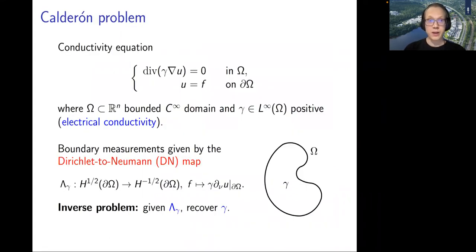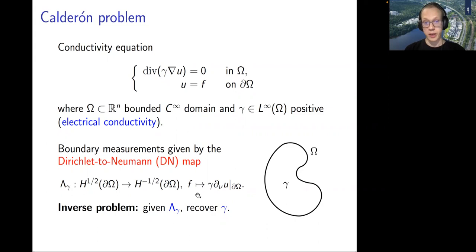So mathematically, the Calderón problem is modeled by the conductivity equation, divergence of gamma gradient u equal to 0 in Omega. You fix Dirichlet data f on the boundary. Omega is a bounded smooth domain and gamma is a positive L infinity function, the electrical conductivity. And the idealized boundary measurements are given by the Dirichlet to Neumann map, which is the map that takes any Dirichlet data f into the corresponding electrical current on the boundary, which is gamma times the normal derivative of u.